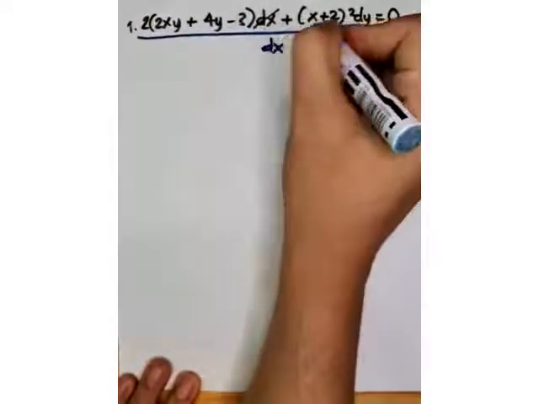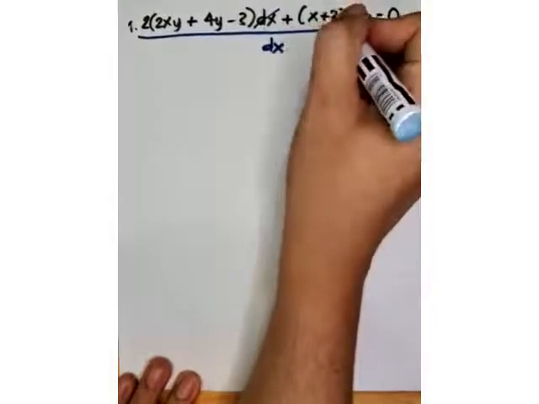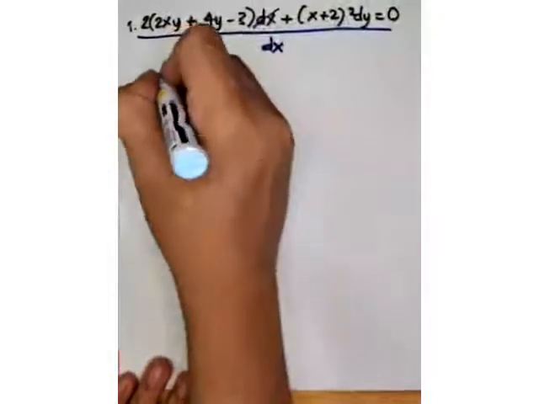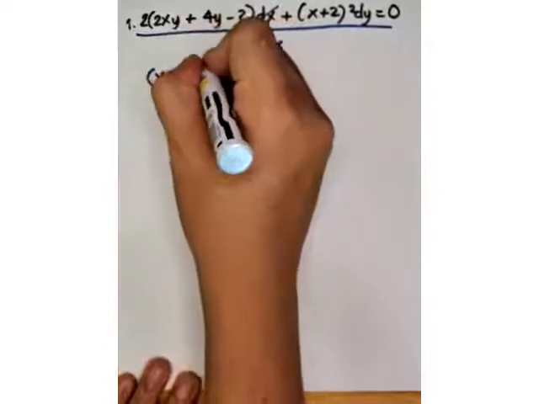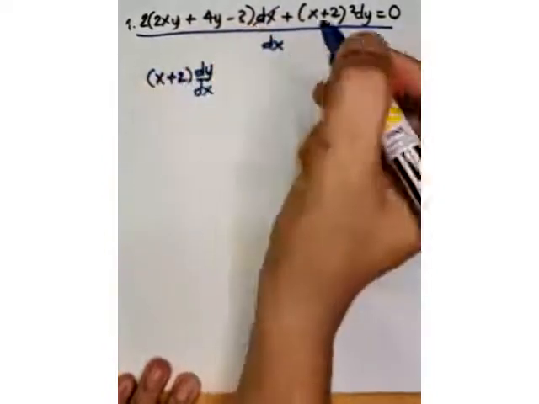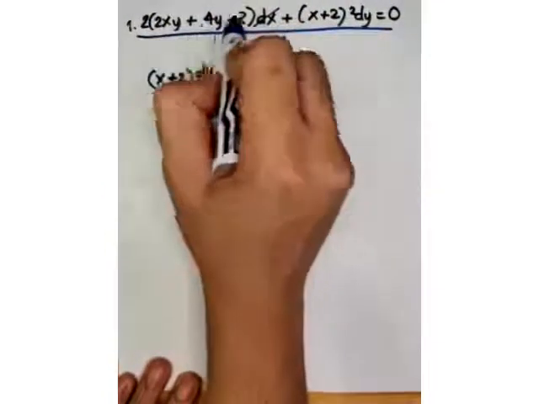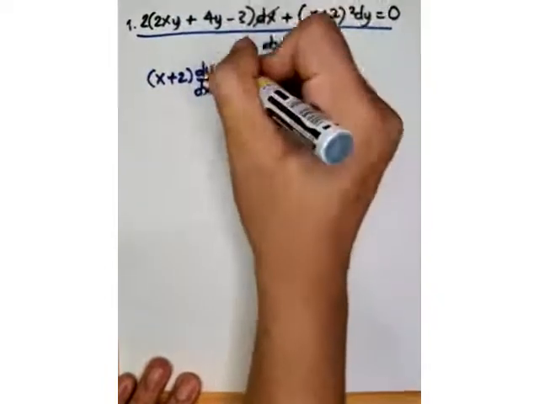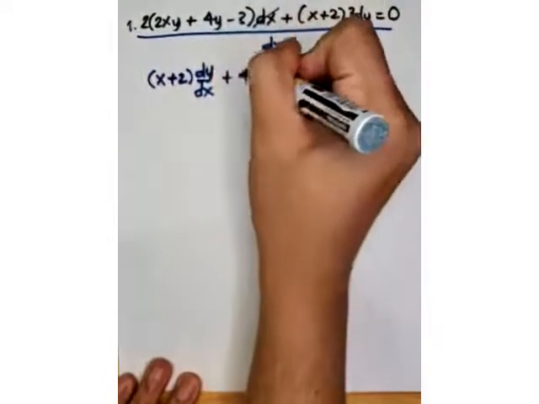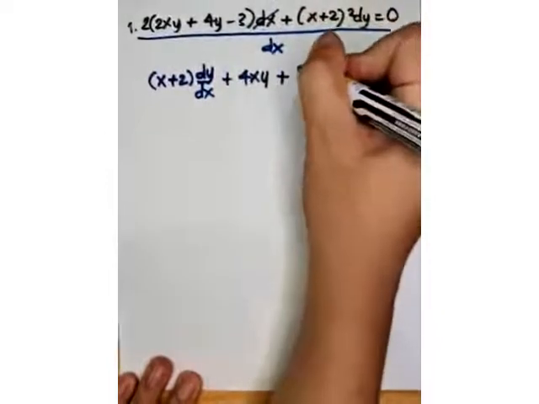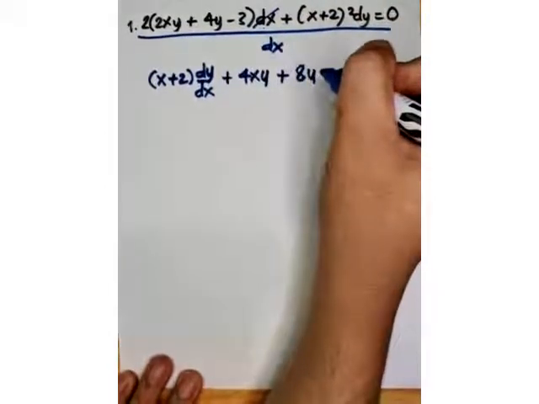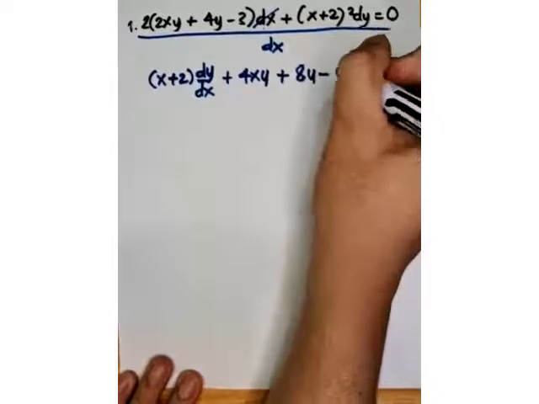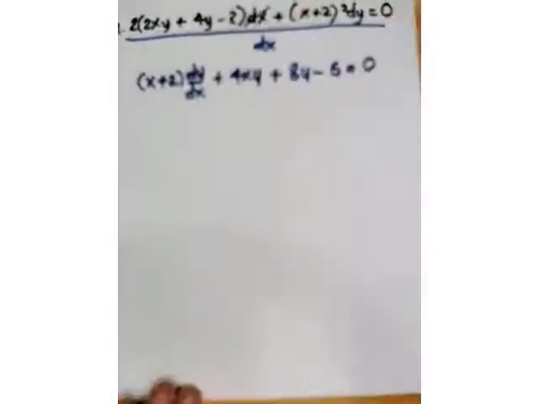So, x plus 2 times dy over dx. And then, let's copy this, but let's distribute 2 na dito. So, we'll have plus 4xy plus 8y minus 6 is equal to 0.